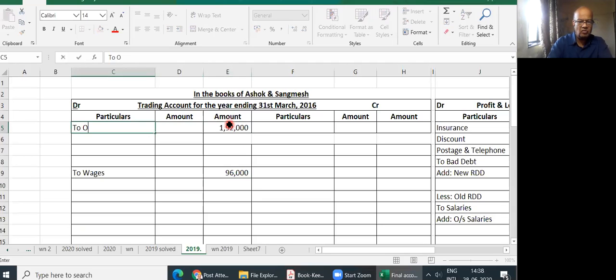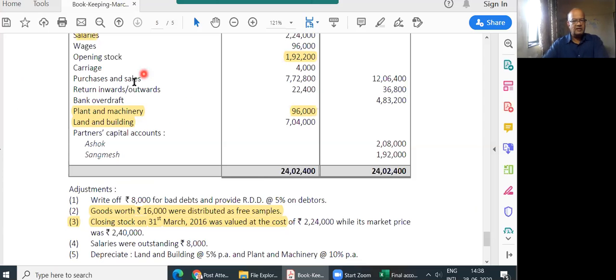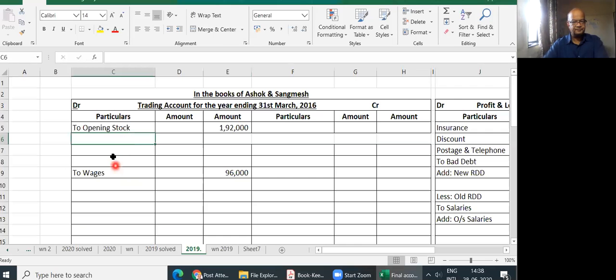Right? Opening stock. Okay. Then next you have carriage 4,000.